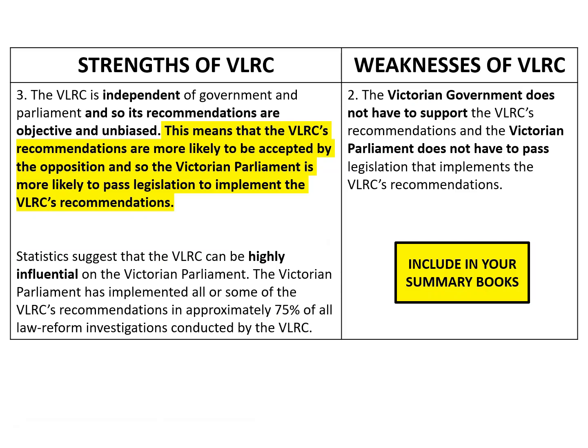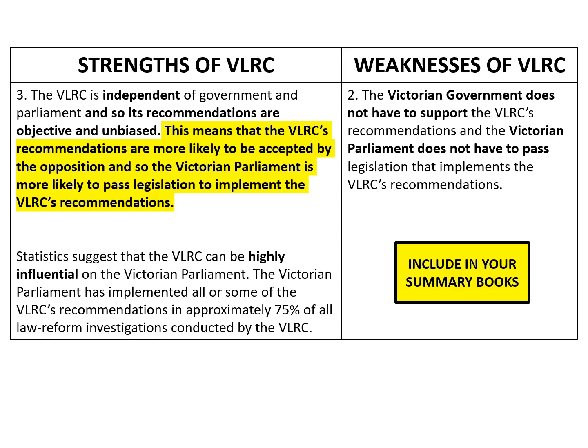The third strength of the VLRC in influencing law reform is that the VLRC is independent of both the Victorian Government and the Victorian Parliament. Accordingly, its recommendations are objective and unbiased. This is an advantage because it means that the Victorian Parliament is likely to give significant weight to the VLRC's recommendations.